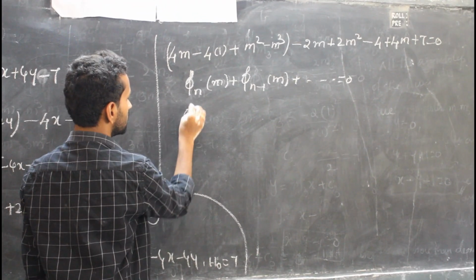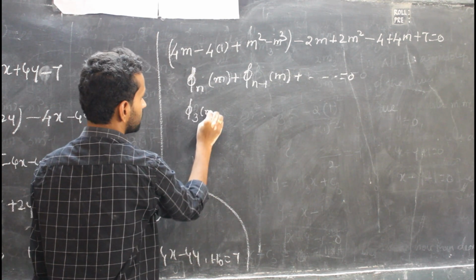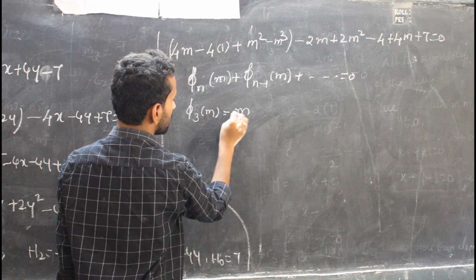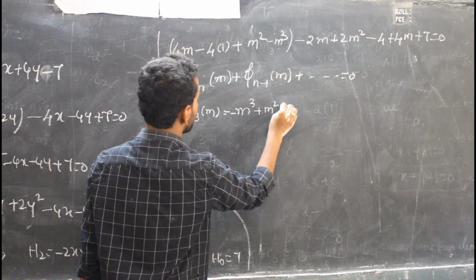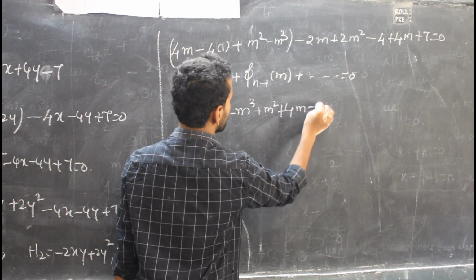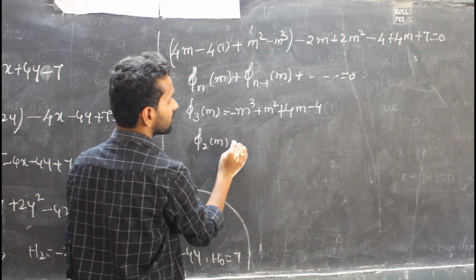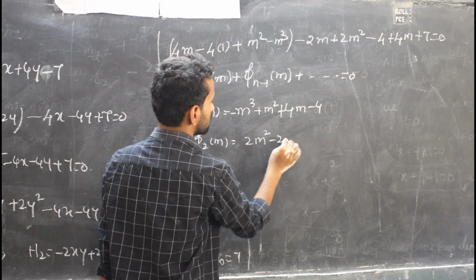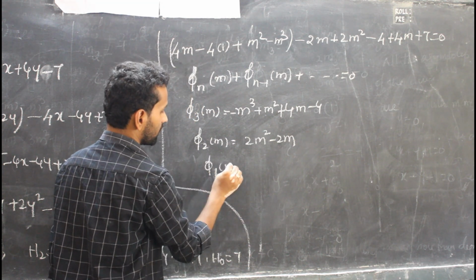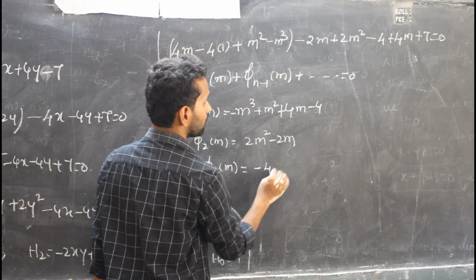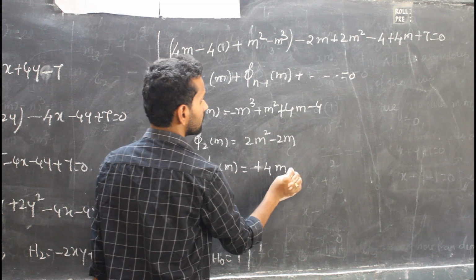So when I compare it with my standard equation, my phi 3 of m will be equal to, I will write in proper degree order, minus m cube plus m square plus 4m minus 4. Get that? So next phi 2 of m will be 2m square minus 2m, and phi 1 of m will be minus 4m plus 4m.